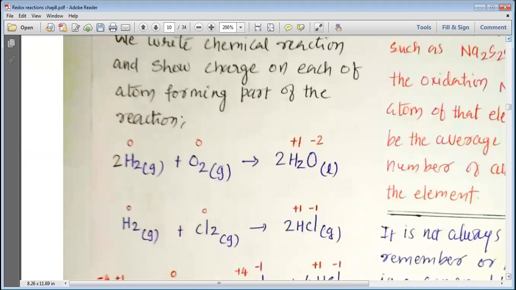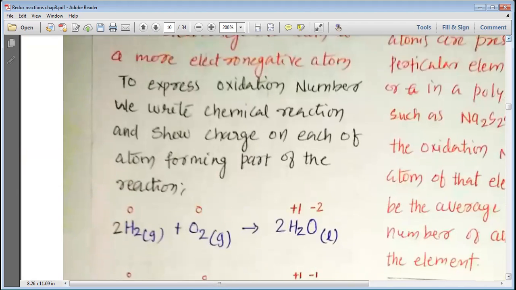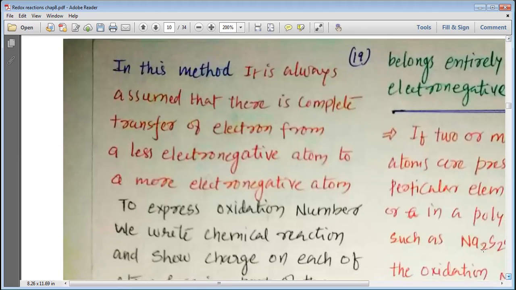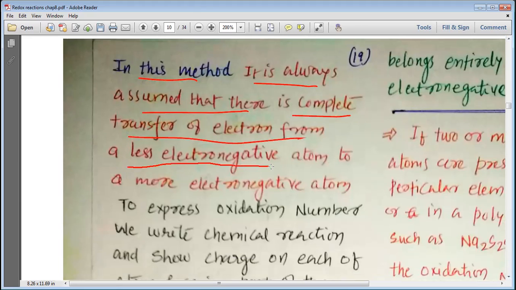So let us study about the oxidation number and oxidation method. In this method, for how electron transfer takes place in a covalent compound, it is always assumed that there is a complete transfer of electron from a less electronegative atom to a more electronegative atom.